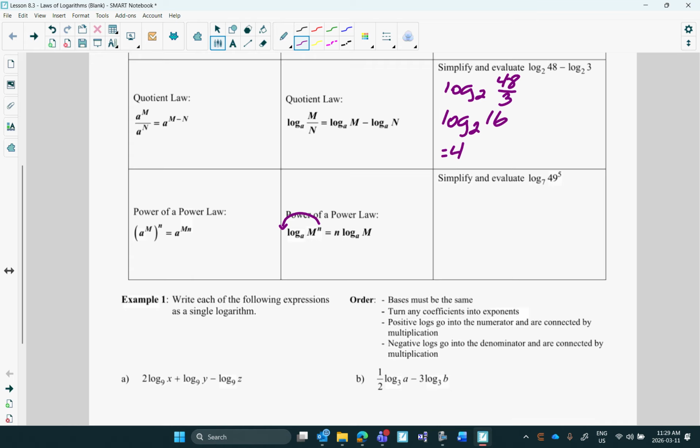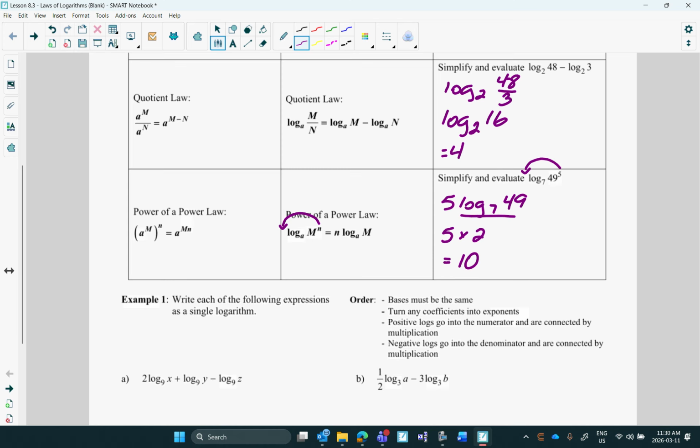So to write this as a log, I take the exponent in the argument and put it in front of the log. Like that. And now I can actually evaluate this. What is this? 2, right? The 7 squared is 49. So 5 times 2 gives us 10. But like I said, you will be given these all the time. You just have to know how to use them.